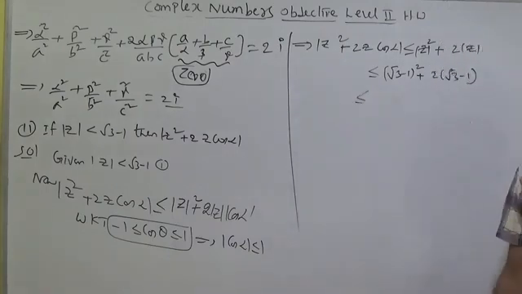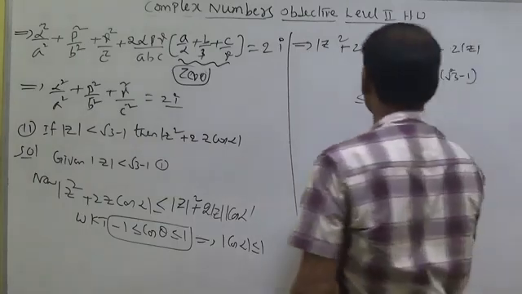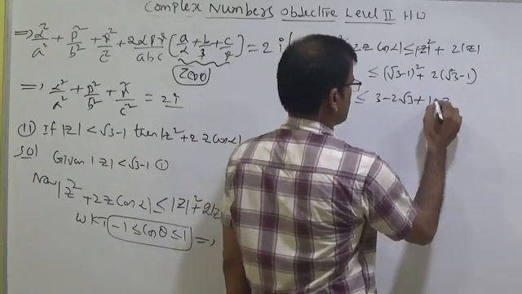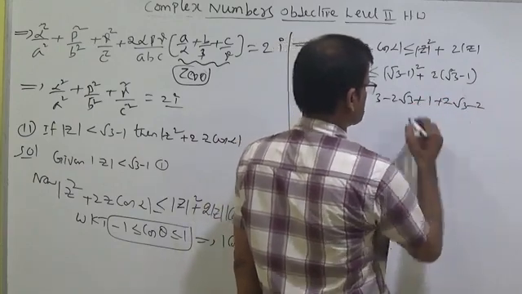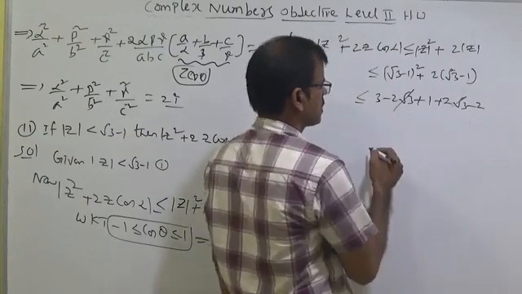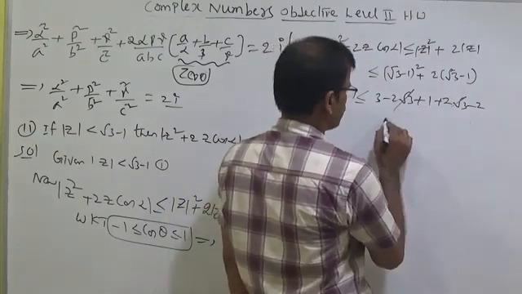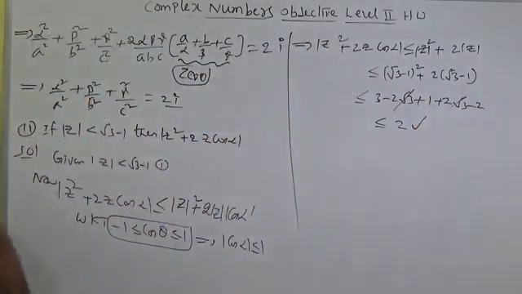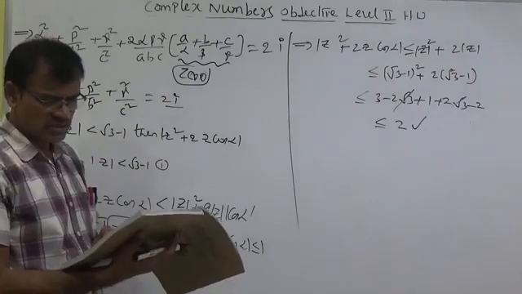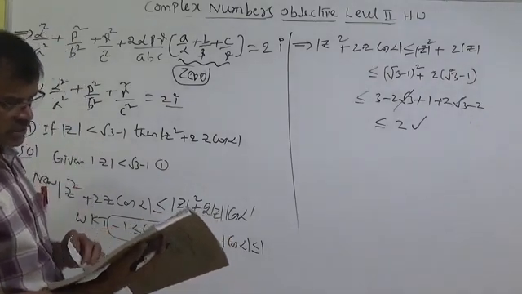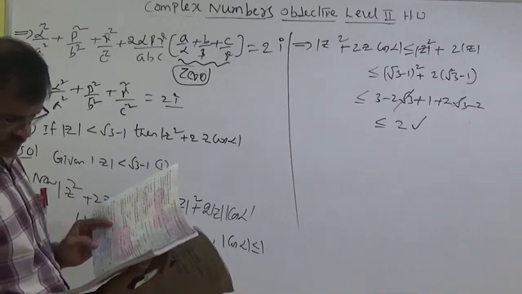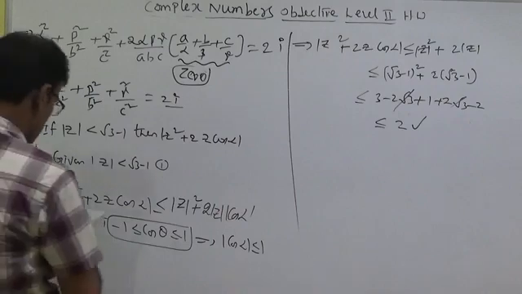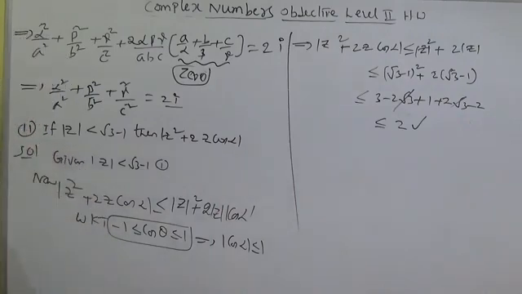Expand here. So this is 3 minus 2 root 3 plus 1 plus 2 root 3 minus 2. 2 root 3, this one plus and minus get cancelled. So this is 3 plus 1, 4. 4 minus 2 becomes 2. So the maximum value here is 2, less than or equal to 2. 11th one, first option. So the value is always less than or equal to 2.